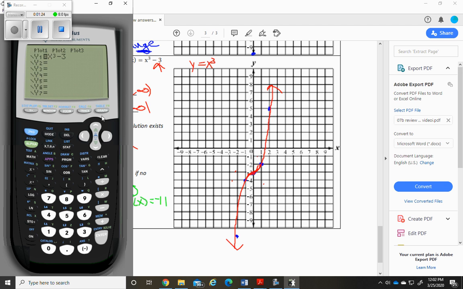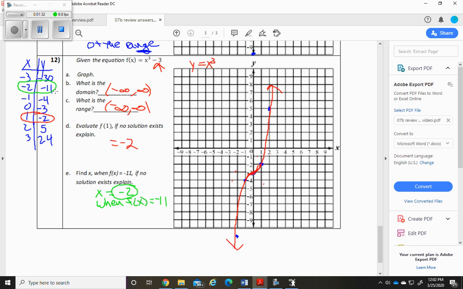And then I had just copied information from my table of values so that I could plot points. So here's the information that I copied. And then I plotted as carefully as I could.